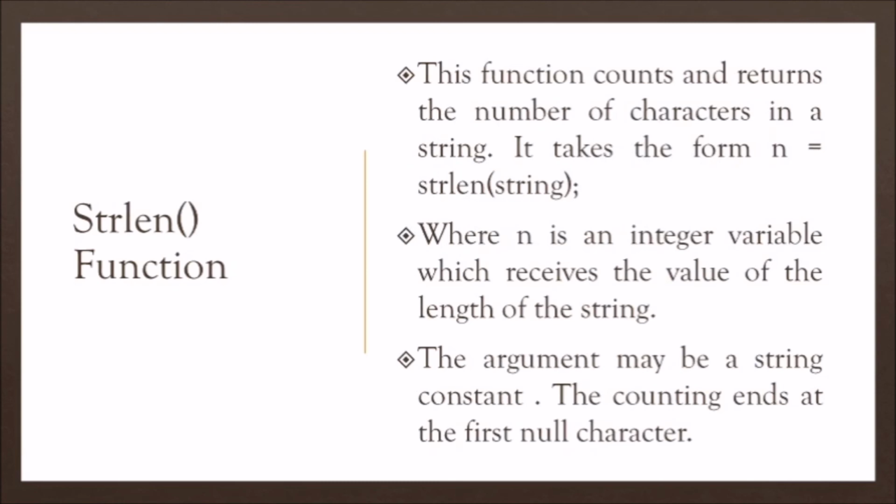It takes the form n = strlen(string name). The length of the string will be stored in the variable n, where n is an integer variable which receives the length of the string. The argument may be a string constant. The counting ends at the first null character. Whenever it finds the first null character, the counting ends.